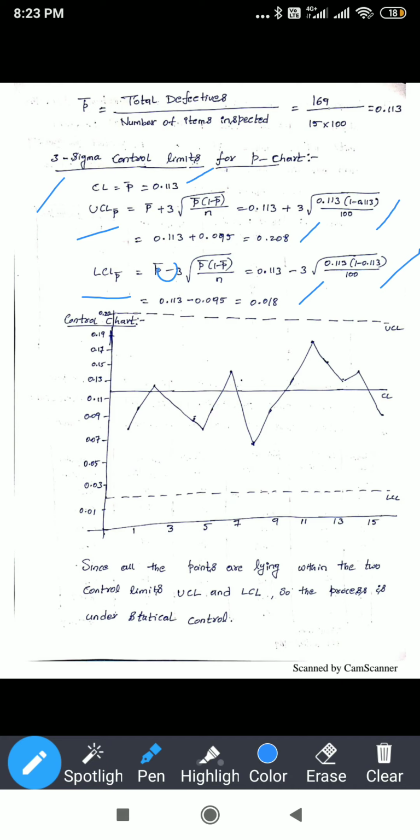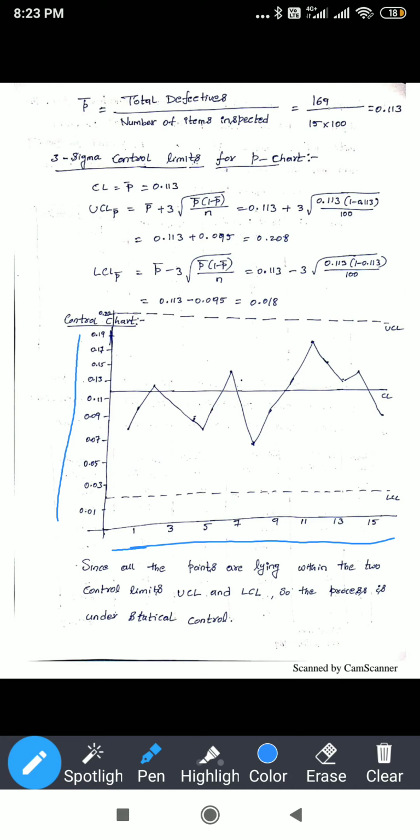Now draw the graph for p chart. See, take the samples on the x-axis. Here these values represent the fraction defective values, so the fraction defective values are on the y-axis and sample numbers on the x-axis.